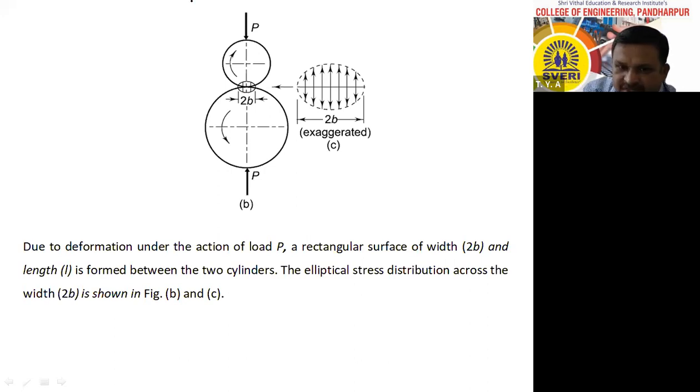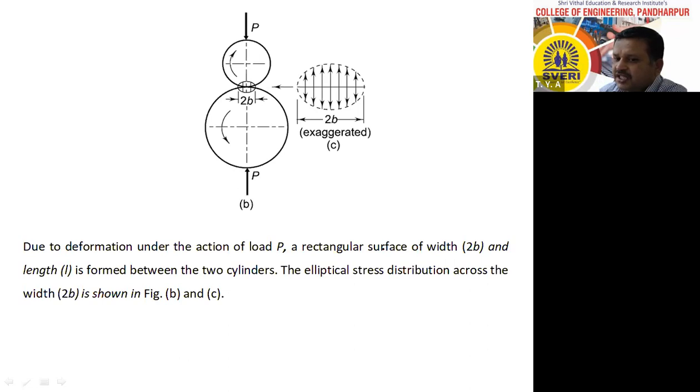And that flat surface is nothing but like this. There you will get this elliptical stress distribution. This stress distribution is what? Elliptical stress distribution. Therefore, due to deformation under the action of load P, तो फ्लॅट पोर्शन म्हणजे काय? रेक्टेंग्युलर सरफेस तयार होणार ना तो. इमॅजिन करा जरा, इमॅजिन द थिंग्स.